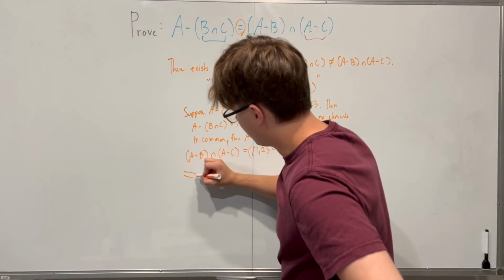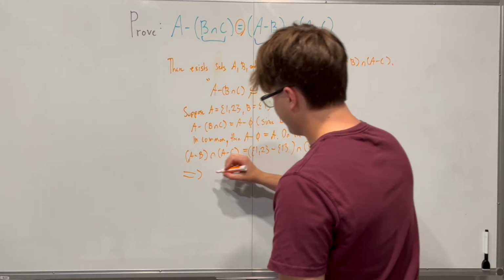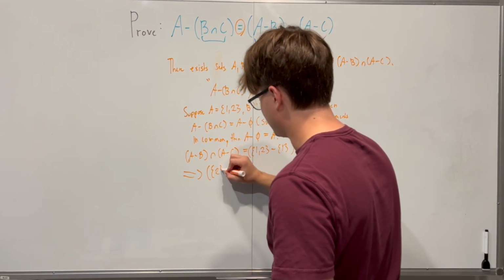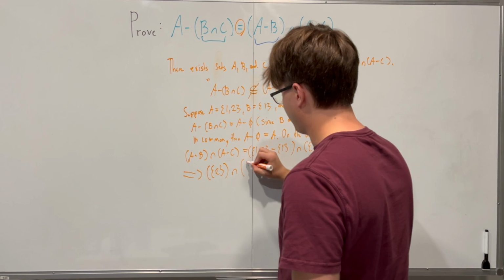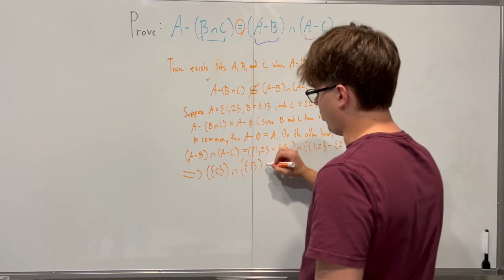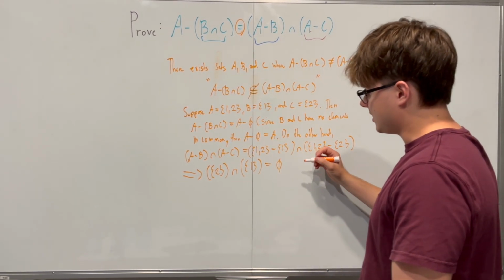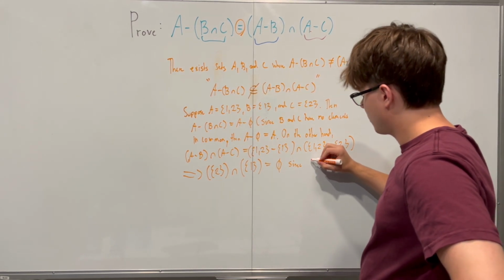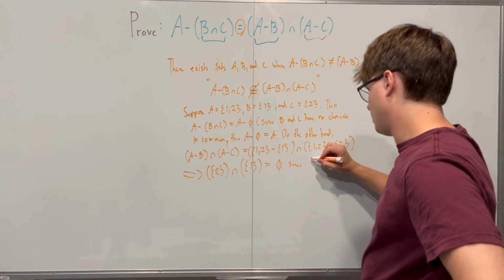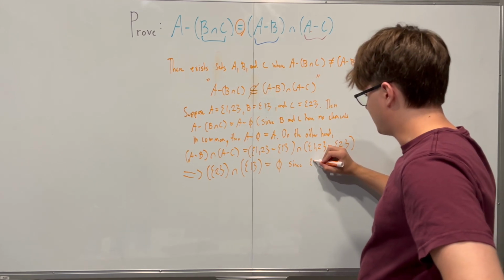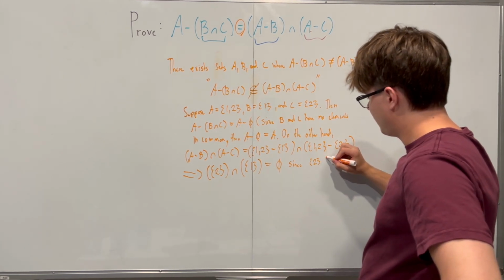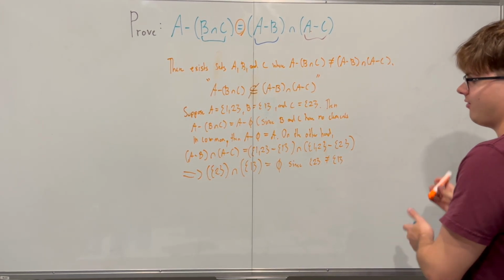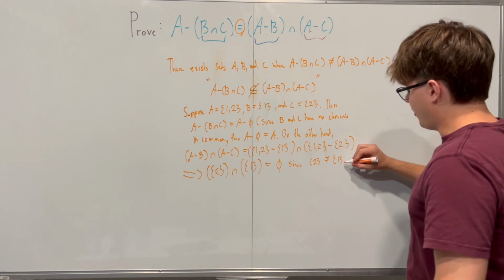And then this would simplify to the set just containing 2, intersect with the set containing only 1, which is going to equal the empty set, since the set 2 is not equal to the set 1. I think that's more than enough. Okay, fantastic. There we go.